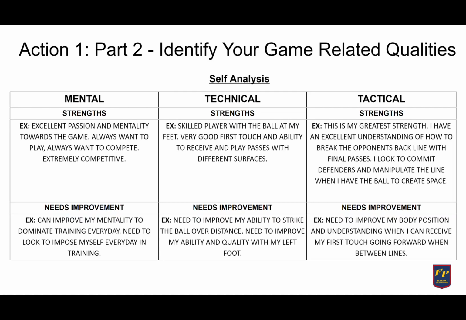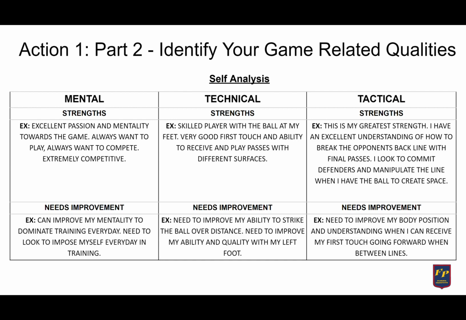Okay, once you do that and you build out those general levels, you're going to go a little bit more in depth. You're going to break down mental, technical, and tactical on the first set, right? You're going to put down your strengths, needs for improvement. Now, again, these are just examples I give you. In the PDF you're going to get, it's going to be completely blank, so you can just fill them in. Okay, and then you just fill this in, right? So the example for mental is excellent passion and mentality towards the game.